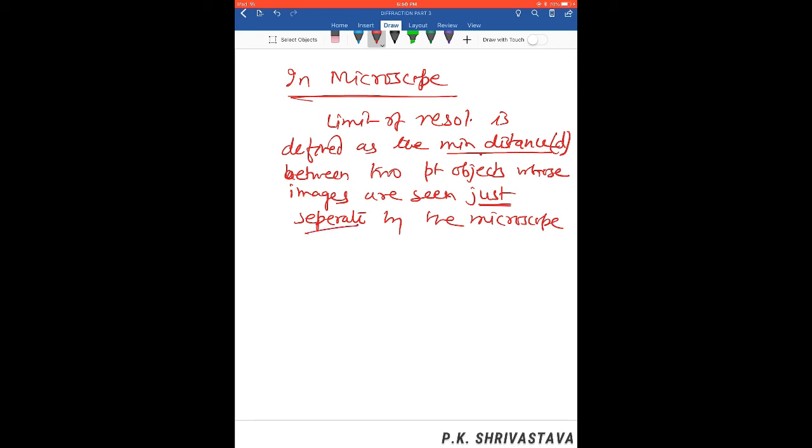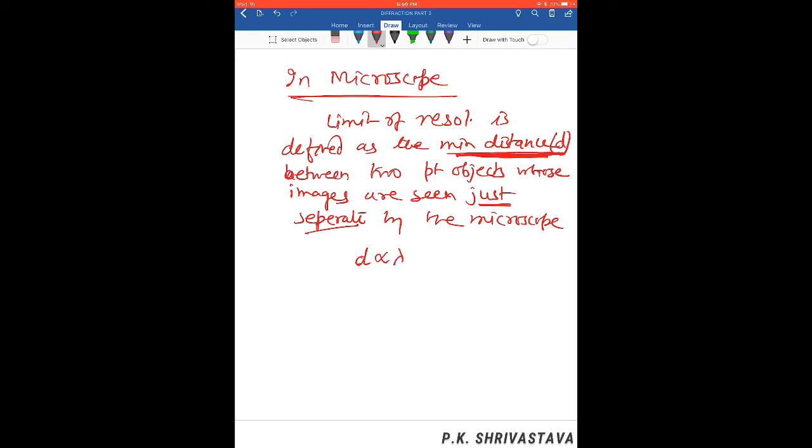It means if the distance between two point objects is greater than this minimum distance, then they can be seen separate. But if the distance between two point objects is less than this minimum distance, then they cannot be seen separate by the microscope. This is the importance of limit of resolution. This limit of resolution depends on the wavelength of light.